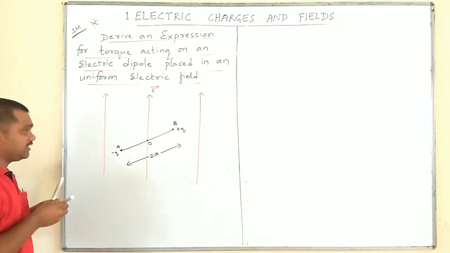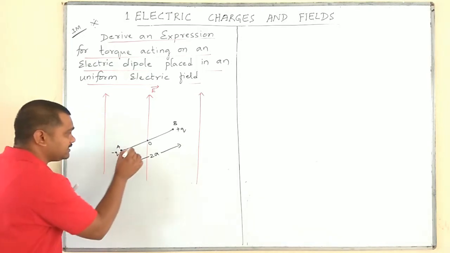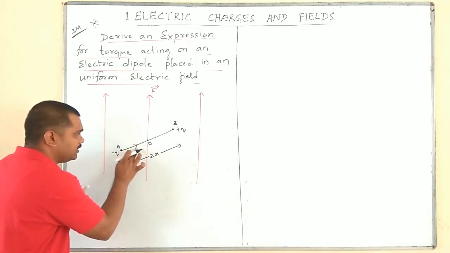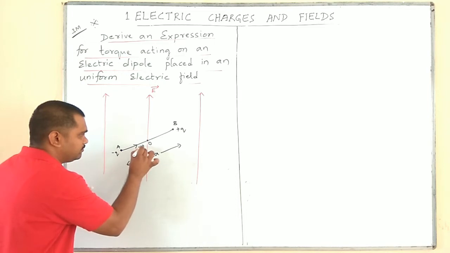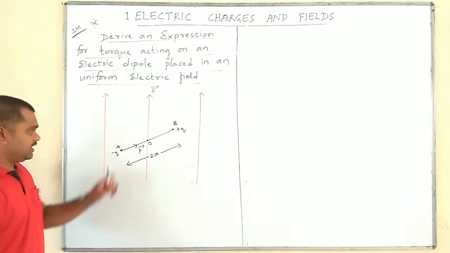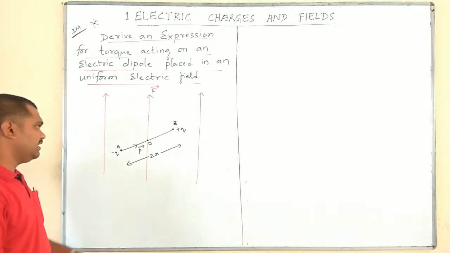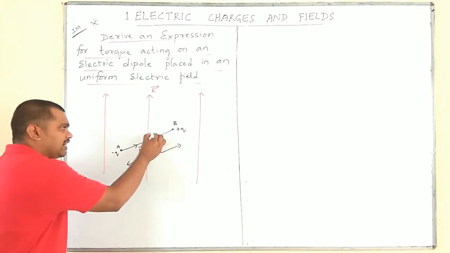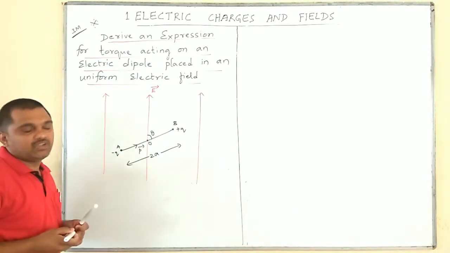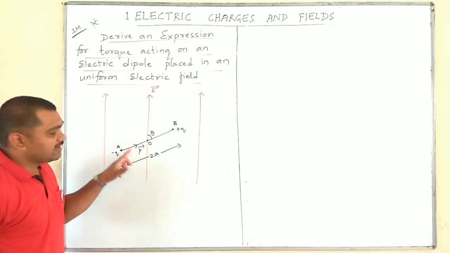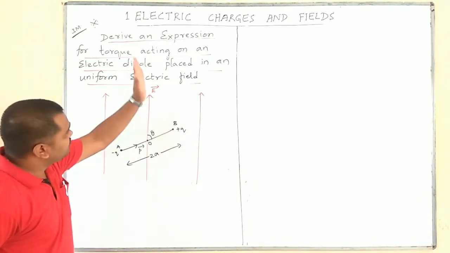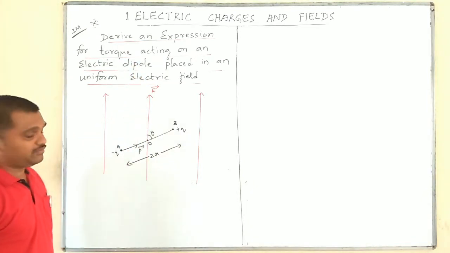The direction of the electric dipole moment is from negative charge to positive charge, minus Q to plus Q, that is from A to B. Let this angle be theta, the angle made by the electric dipole moment with the direction of the electric field.